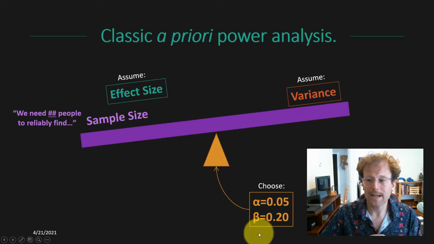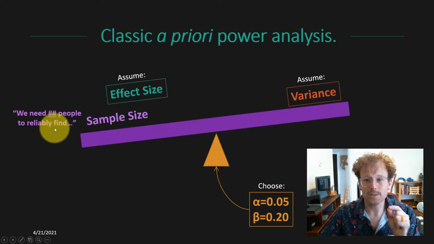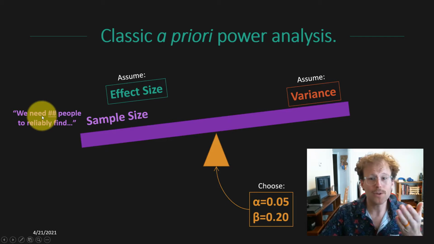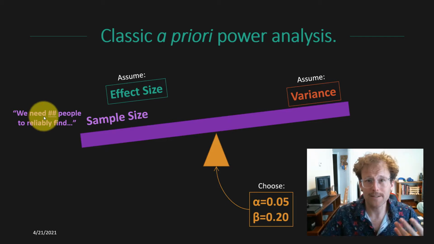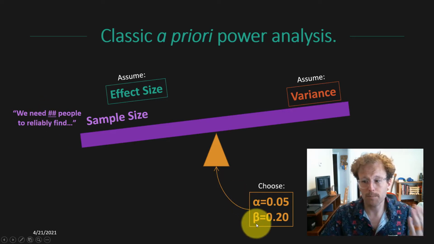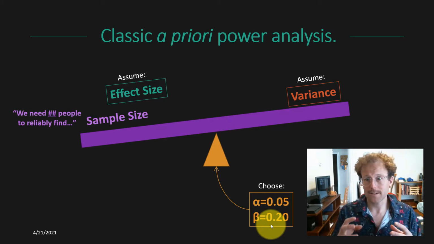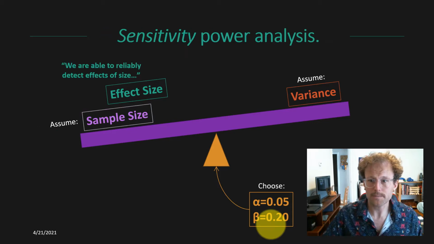Then we'll combine that with our choices for the type 1 and type 2 error rates, and then it will tell us the size of the sample we need. And so, it might say, well, you need 120 people in order to reliably find a difference of Cohen's d of 0.5, given your statistical power of 80%, right? In a priori power analysis, we solve for the sample size by fixing these other values.